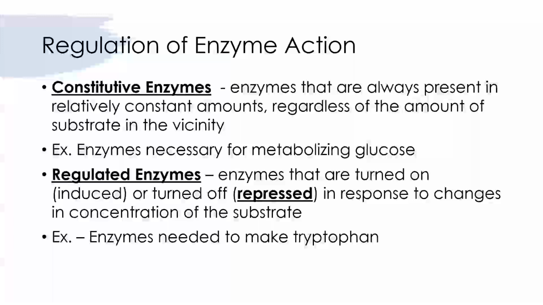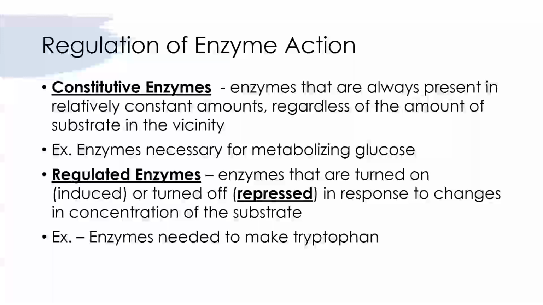Regulated enzymes, though, are enzymes that are turned on or turned off. The turned on ones are known as induced enzymes. Turned off are ones that are repressed. So basically, are we turning them on only when we need them, or are we turning them off when we need them no more? It's all in response to the changes in concentration of the substrate.